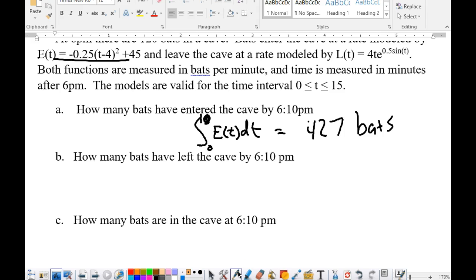All right. How many bats have left the cave by 6:10 p.m.? So, Heather, how do we set this one up? Cool. And what did you get for that?